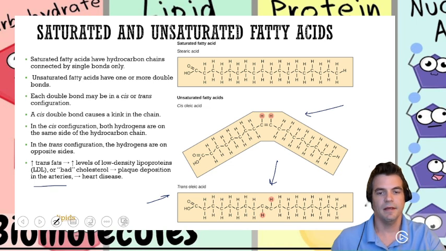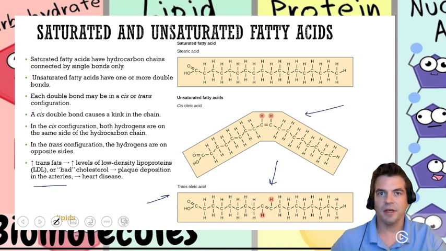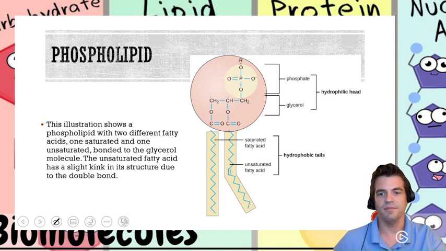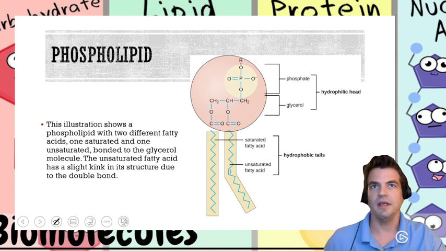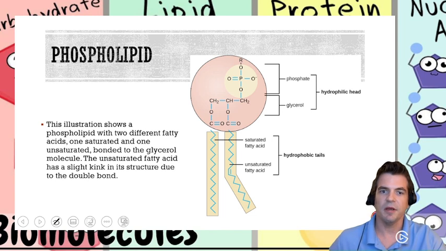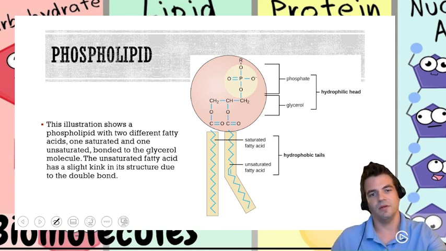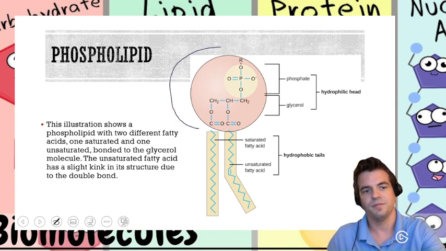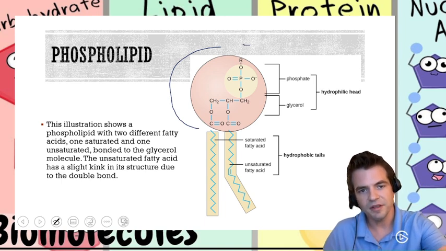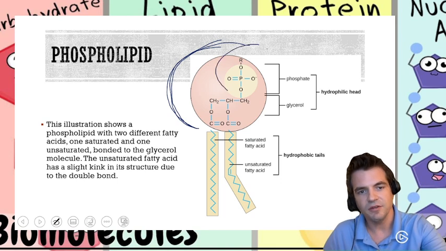So this brings us to the next type of lipid, which I mentioned, which is the phospholipid. Remember when I mentioned the types of chemical groups you needed to know? Well, that phosphate group is right here. This is called the hydrophilic head, and the phosphate that I alluded to is actually here.